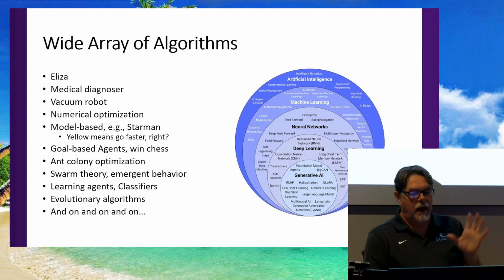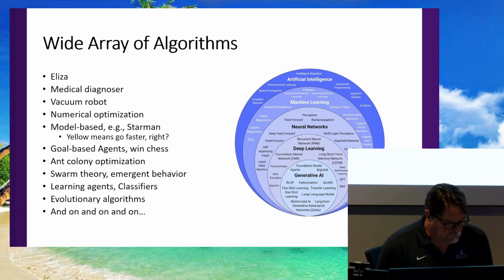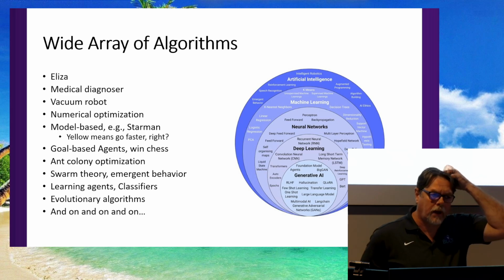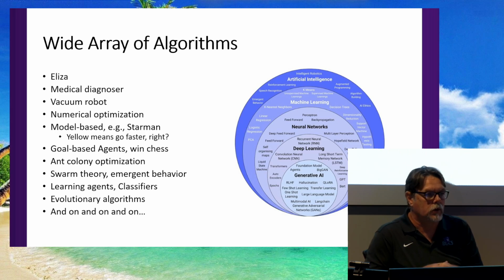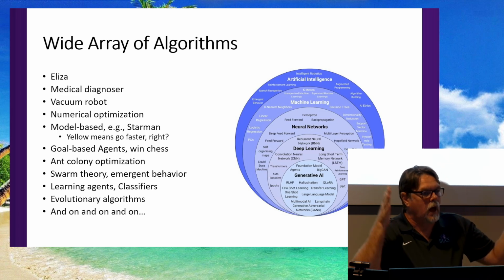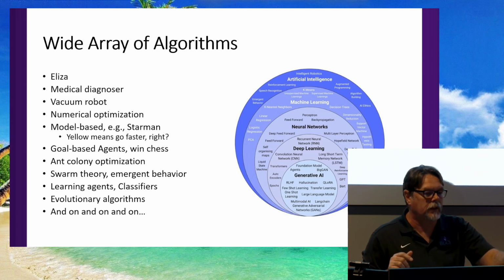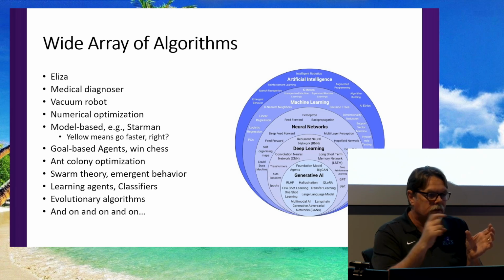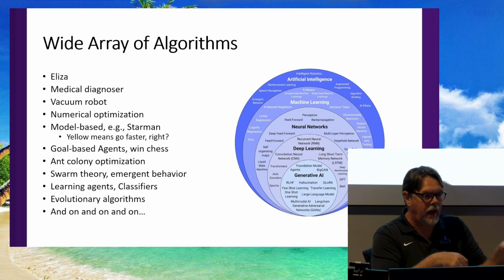Classifiers, that's a classic algorithm type. The idea here is you have supervised behavior with labeled data. Let's say you have 1,000 fish, and you take 900 of them, and as each one comes through, you show it to the AI and say, this is a trout. Okay, you get the next one. Okay, this one's a bass.